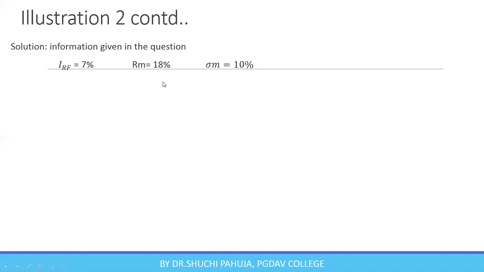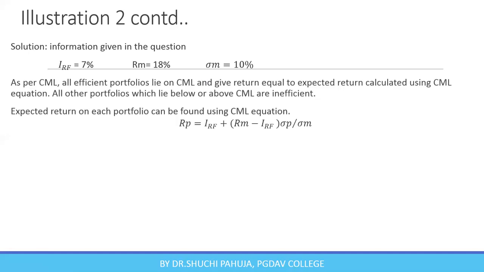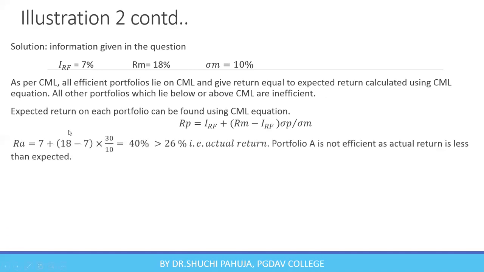IRF 7%, RM 18%, standard deviation of market portfolio 10%. Using CML equation, you can find the returns on individual portfolios. Start with A. Using CML equation, the return is coming to be 40%, but actually the portfolio is giving you 26%. That means this portfolio lies below CML. Actual return is less than expected return.